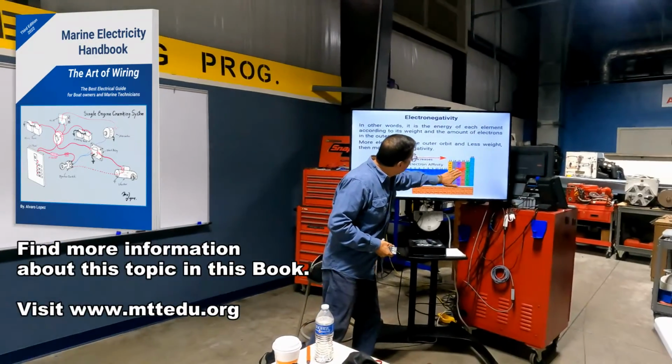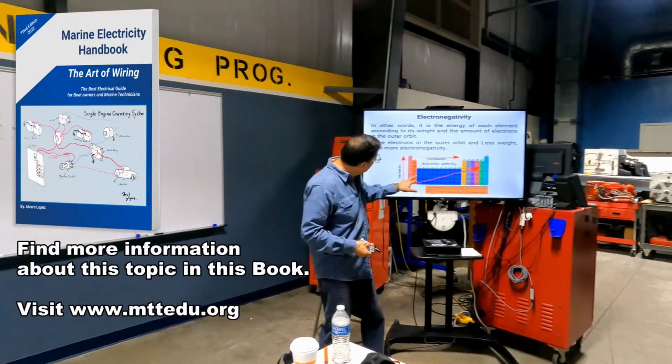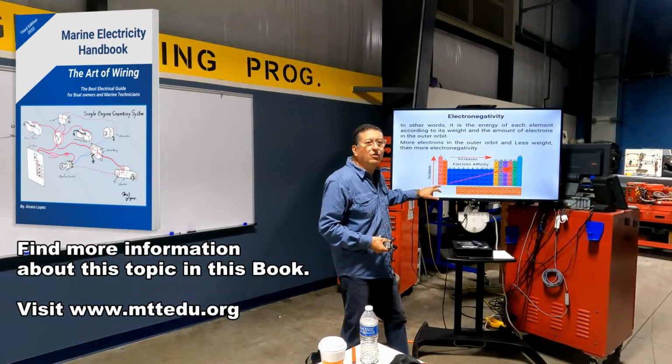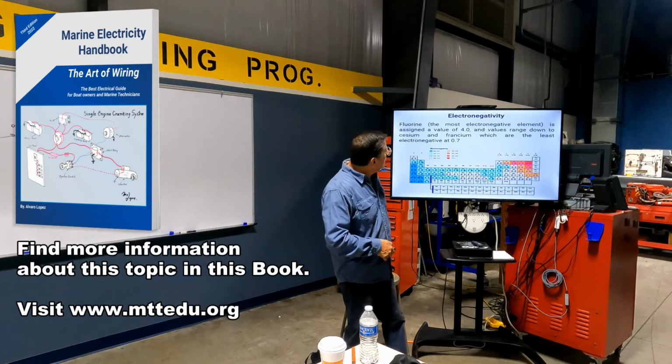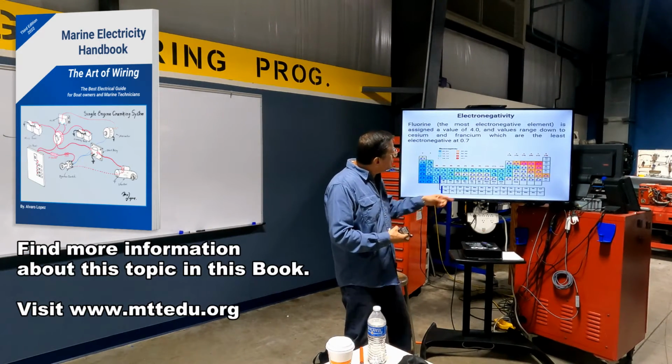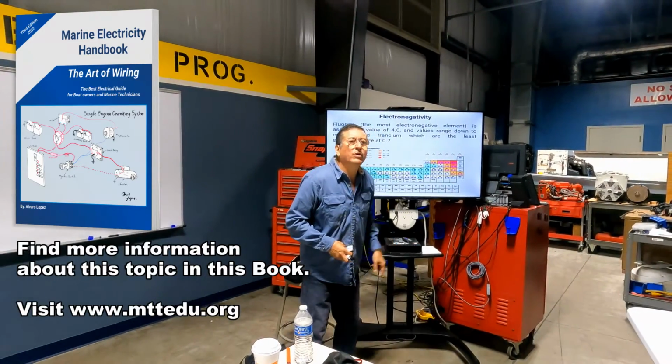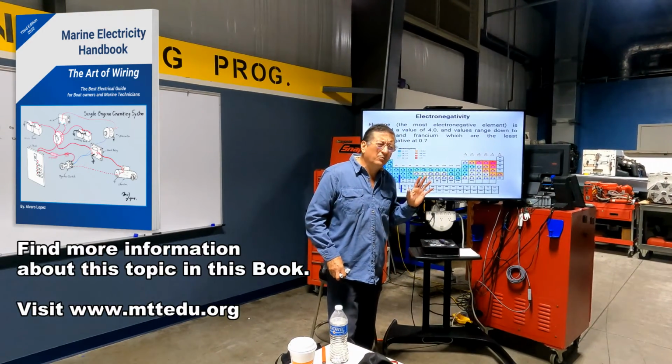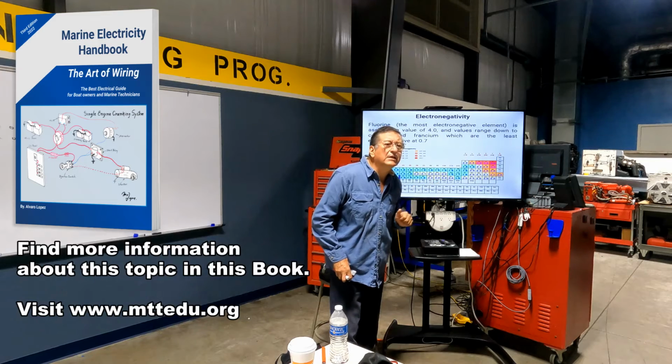Fluorine and chlorine have a high level of electronegativity. If you check the periodic table, the element with the highest electronegativity is fluorine with 4.0.